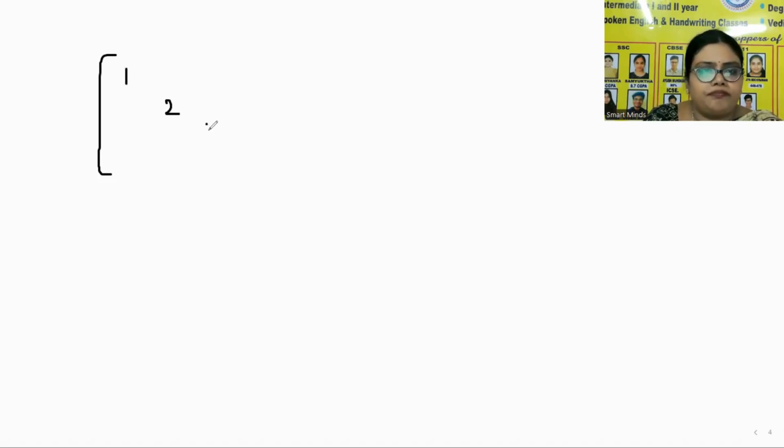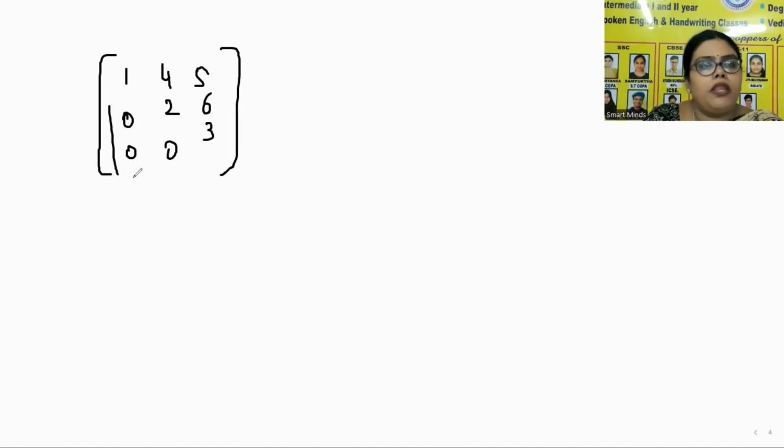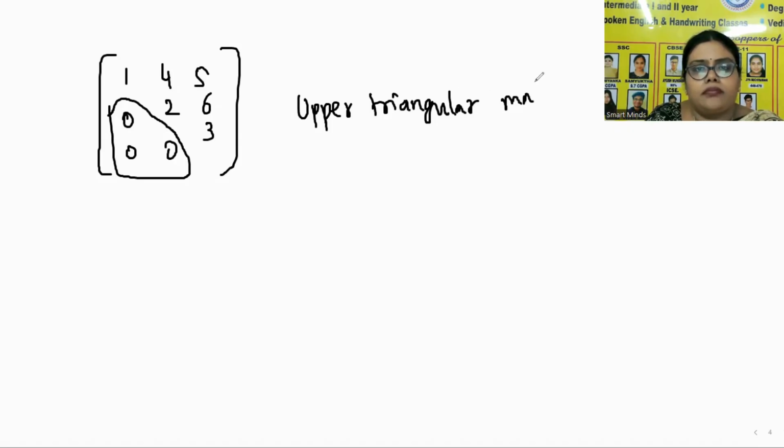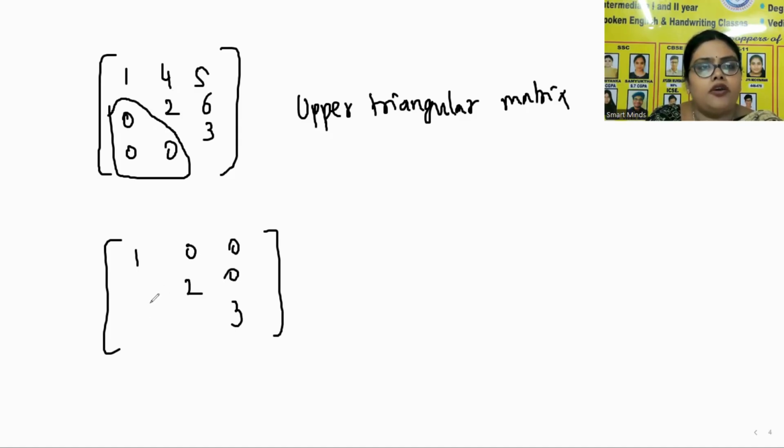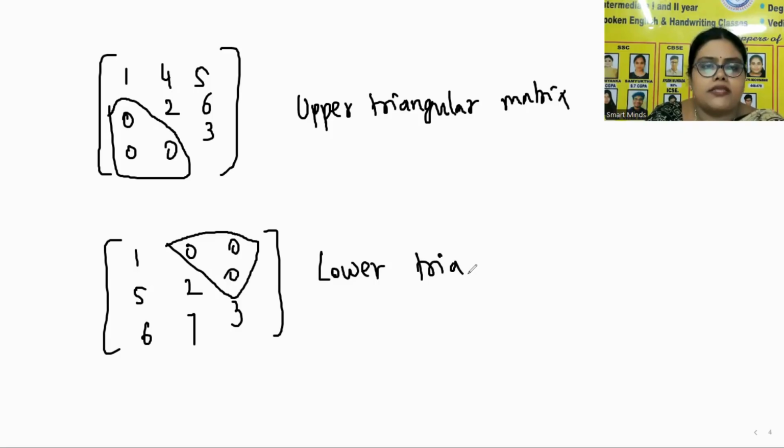Suppose below the diagonal you have all zeros and above the diagonal you have some numbers like 4, 5, 6. So below the diagonal you have all zeros, so it is called an upper triangular matrix. And if above the principal diagonal you have all zeros and below you have all non-zeros, like suppose 5, 6, 7, above the diagonal you have all zeros, so it is called a lower triangular matrix.